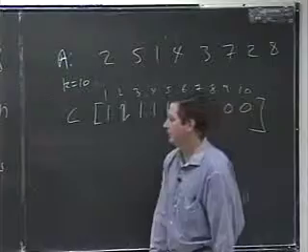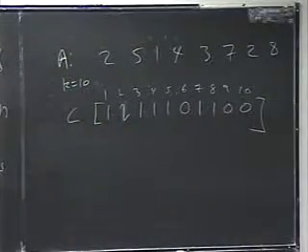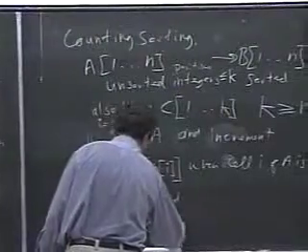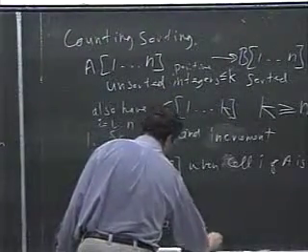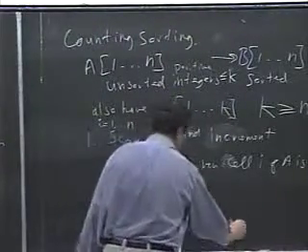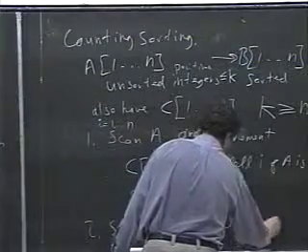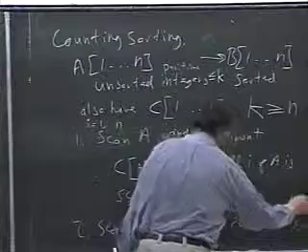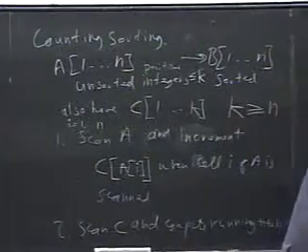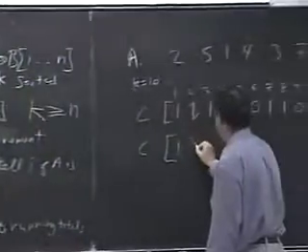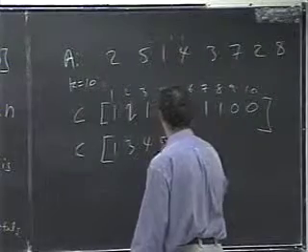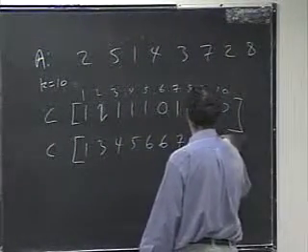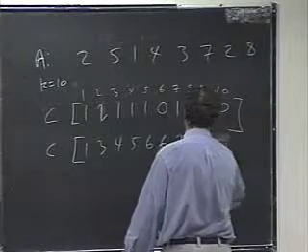Next step, step 2: scan C and compute running totals. So C gets scanned, and this becomes 1, 3, 4, 5, 6, 6, 7, 8, 9, 8, 8.